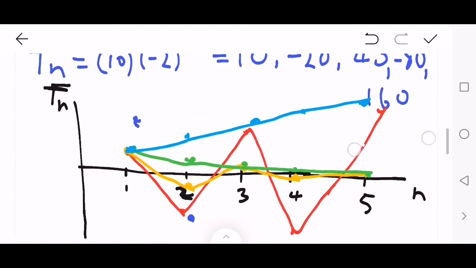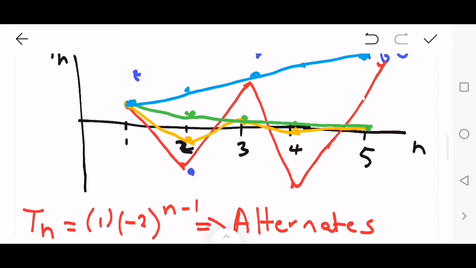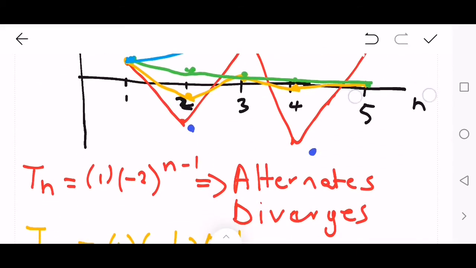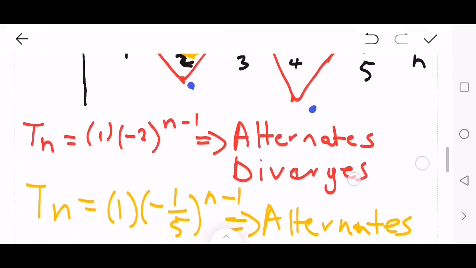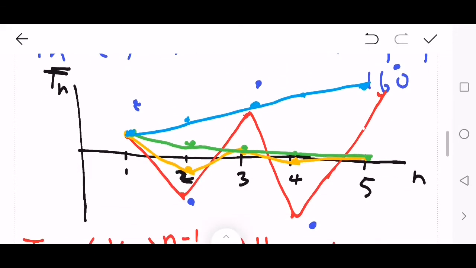Our third term is 40. Our fourth term is minus 80. And our fifth term is 160. So 160 could be somewhere there. So let us join.